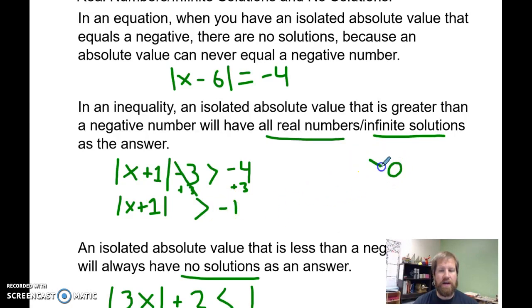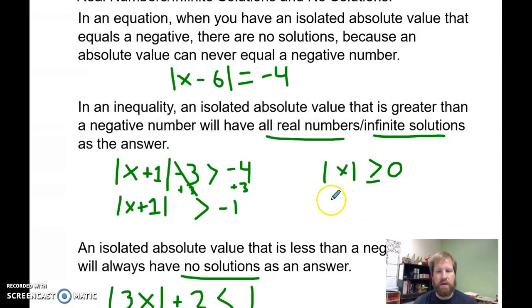If I had an absolute value inequality that was greater than or equal to 0, this isn't negative, but if it was greater than or equal to, it could still be all real numbers. Even if I put in 0 here, it would be greater than or equal to 0. I put in a negative, well, that's going to be greater than or equal to 0. So in this case, I will still have all real numbers or infinite solutions.